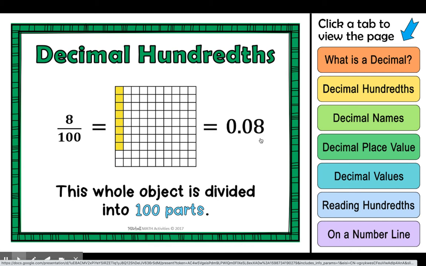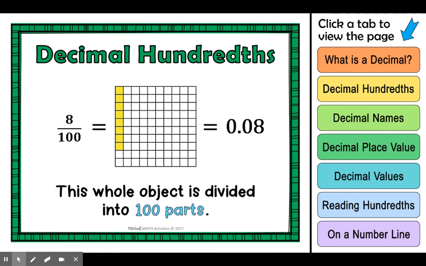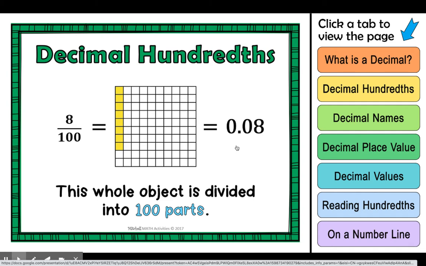Now, a lot of you guys are going to look at this and read it 0.08, because that's what people tend to do if they're just trying to quickly say the number. That's technically not mathematically the way we want to do it in 5th grade. In 5th grade, I want you to read this amount 8/100ths.